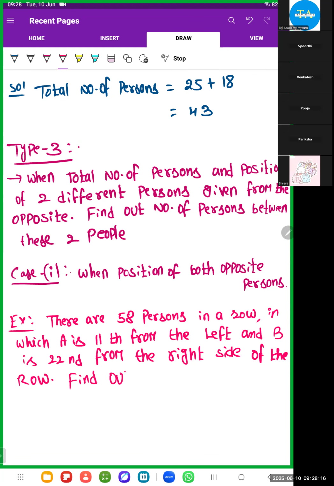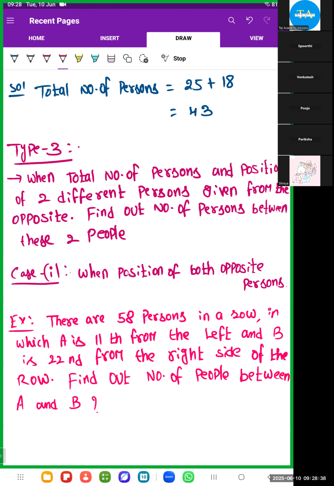Find out the number of people between A and B.